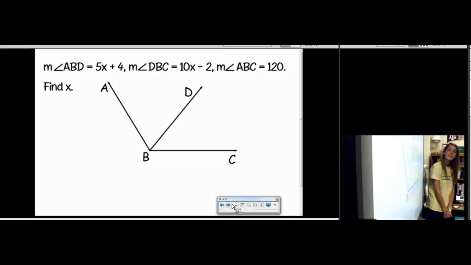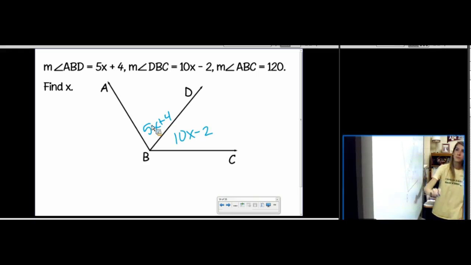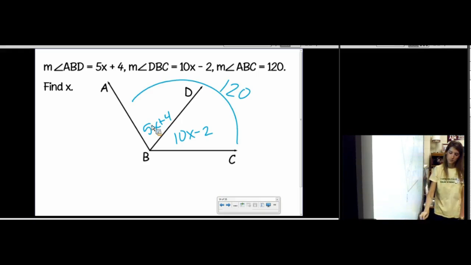I'll even label it for you. Part plus part equals whole.